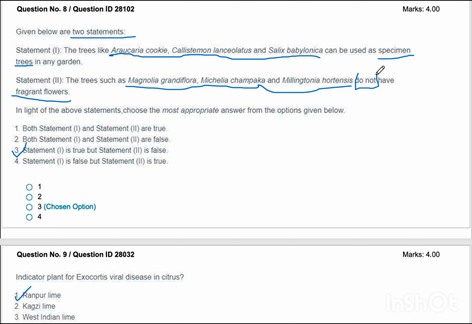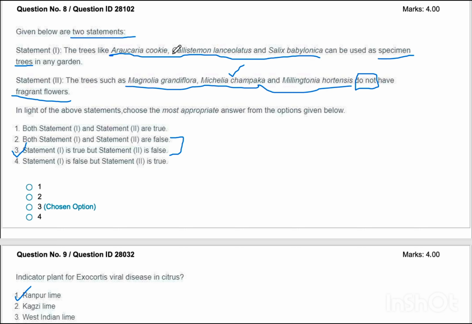In my case, what I did was, I was damn sure that Michelia champaca is a fragrant flower. So I was able to cut short my options to just 2. That is, I was damn sure that either the first option or the second option or the third option will be the right answer. Then I moved on to the first statement.